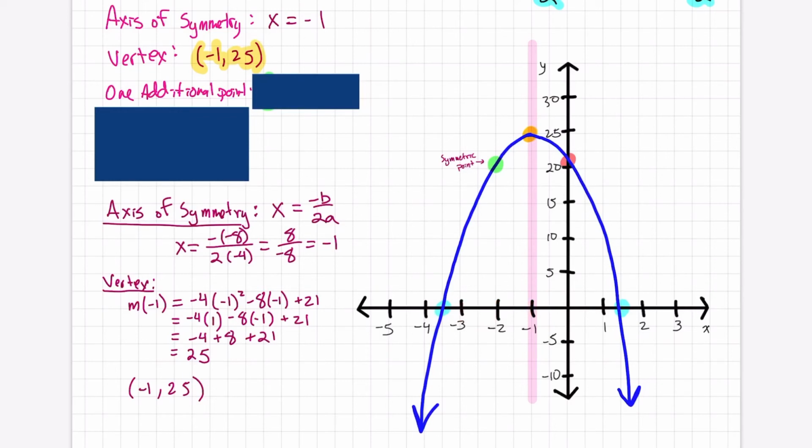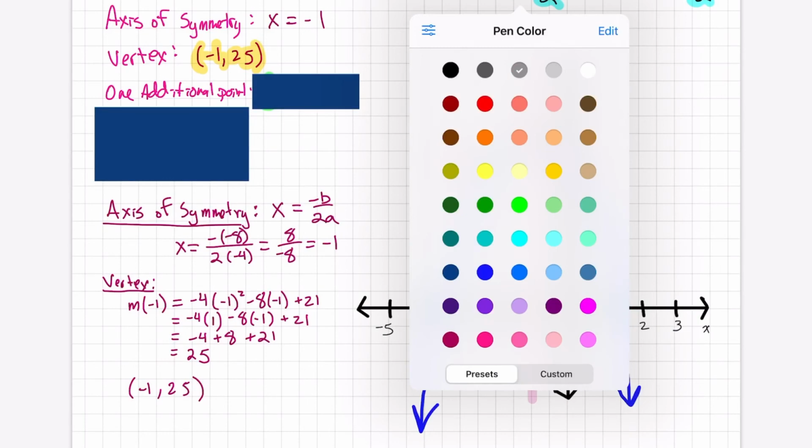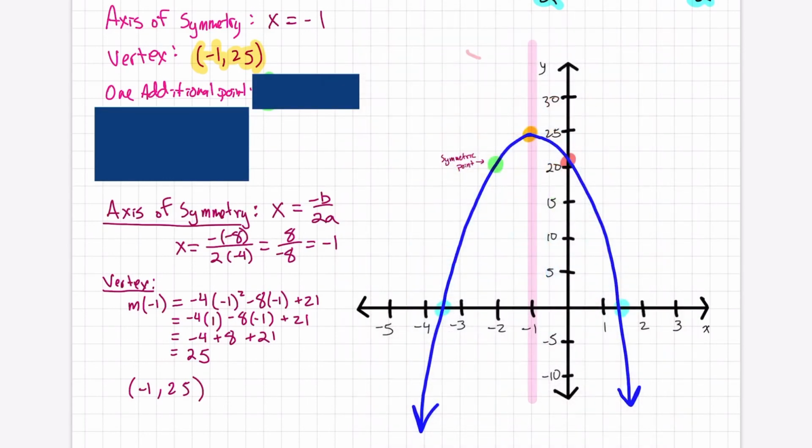We had our y-intercept at (0, 21). I have my axis of symmetry at x equals -1, and I have my vertex at (-1, 25). I should label my axis of symmetry. For some reason I left this off. My axis of symmetry is x equals -1. There we go. Now it's labeled.